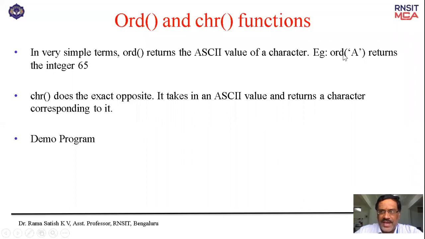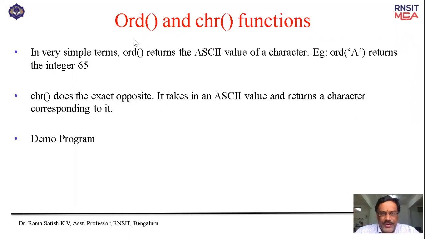Capital A is 65, the ASCII value. In the same way, you give an ASCII value and print the character. CHR of 65 automatically prints A. So ORD gives the ASCII value, CHR gives you the character.